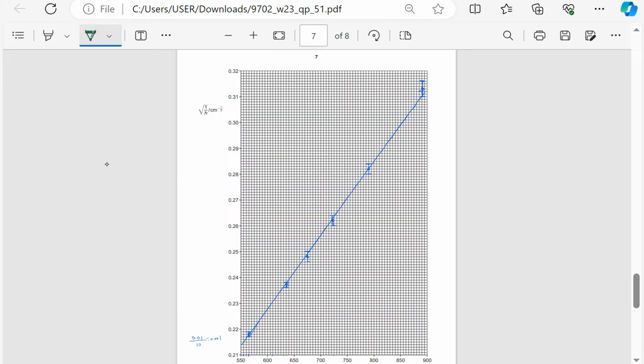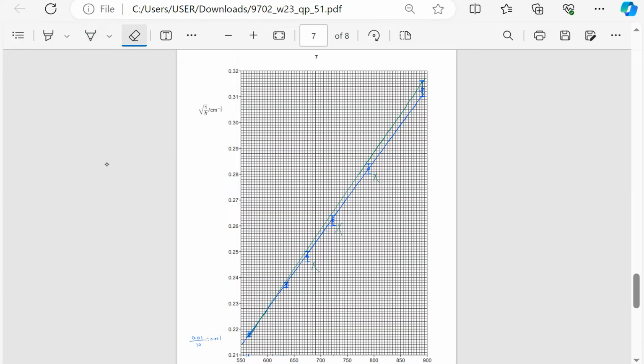So I'll draw from the top of the top error bar to the bottom of the bottom error bar. Don't mind about the lines meeting or appearing as if they are converging at the same point. So before you conclude on the line, make sure it crosses through all the error bars. So I see that this error bar is not crossed and this one is also not crossed. Actually, even this one is not crossed. So that line is not going to be good enough.